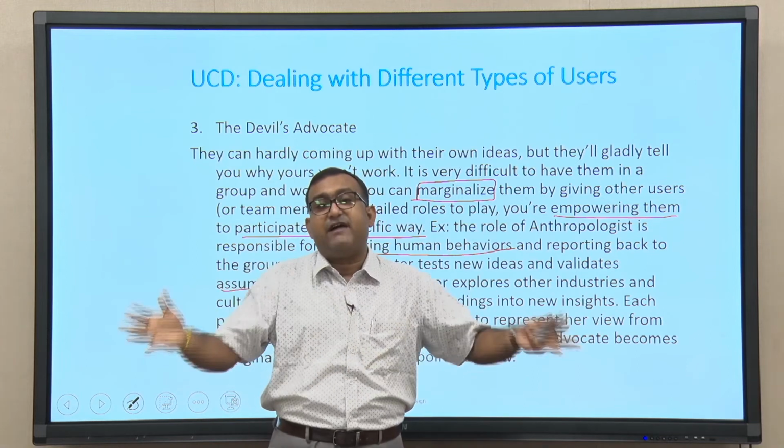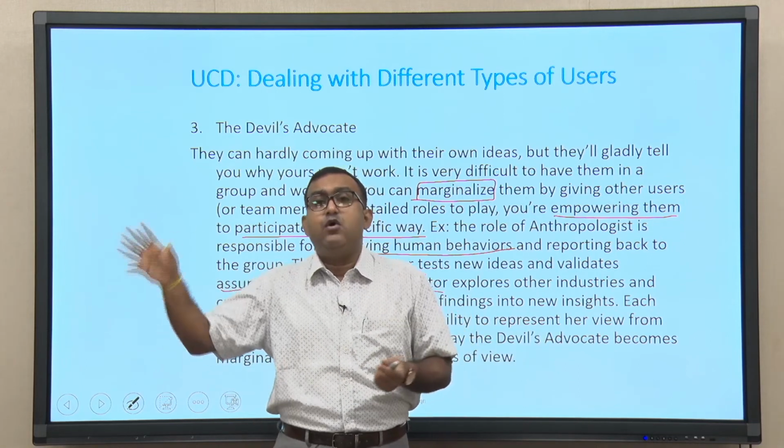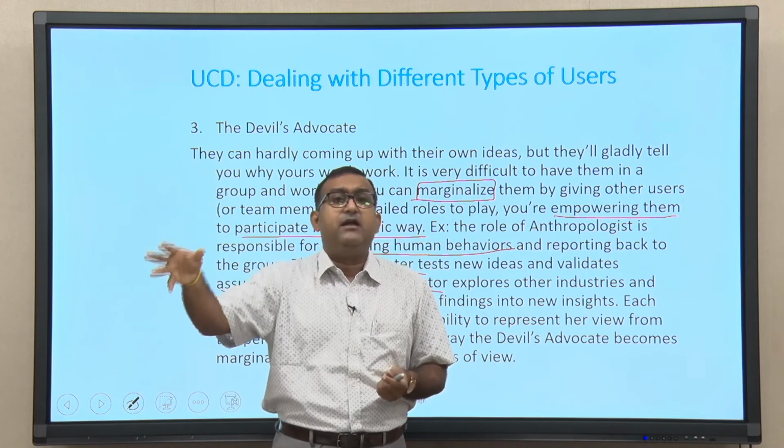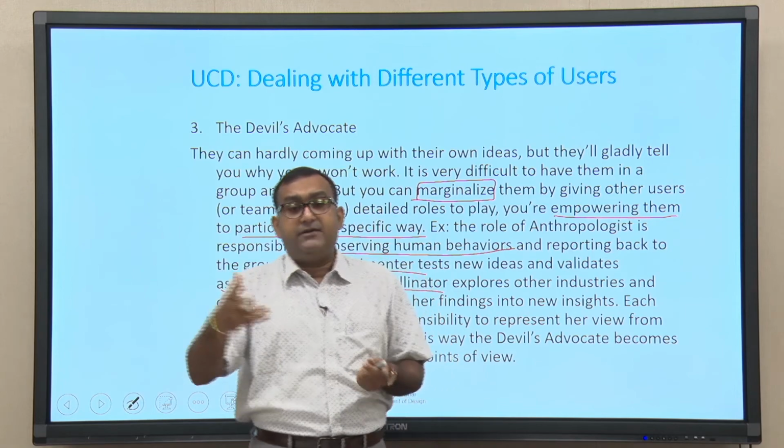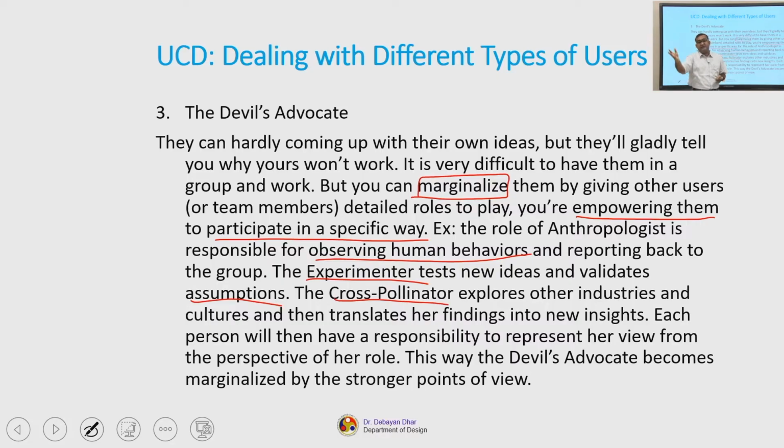That means, if you have a 5 member design team, you have somebody who focuses on user studies, somebody who focuses on, as I said, cross pollination, and they explore other industries and tell you what other products or your competitors have as features or not.